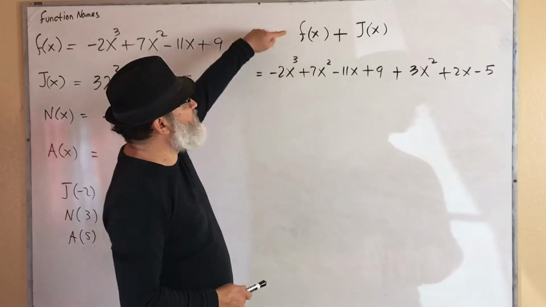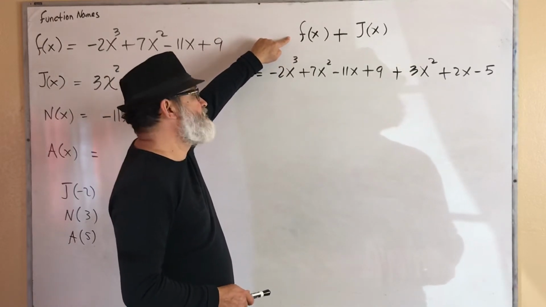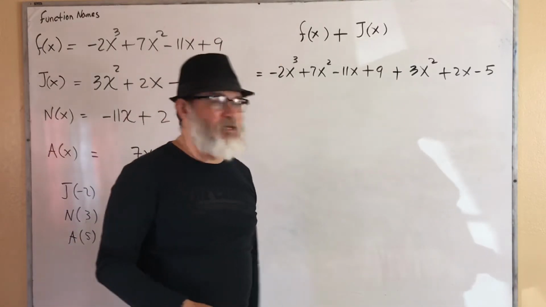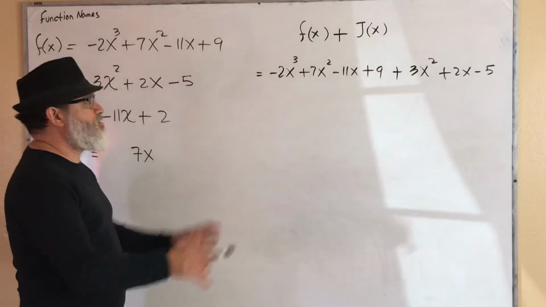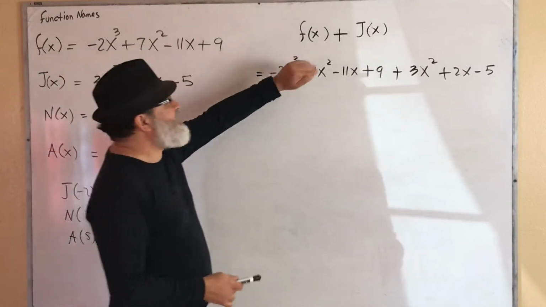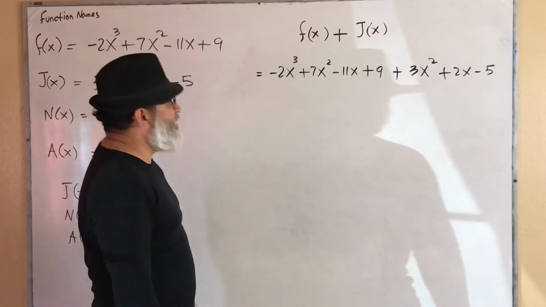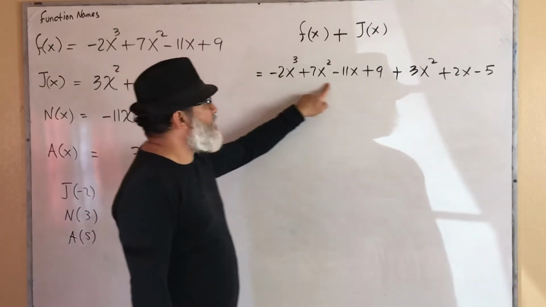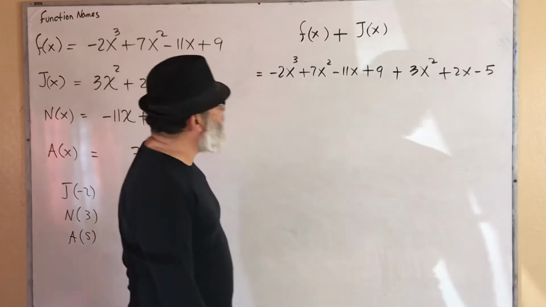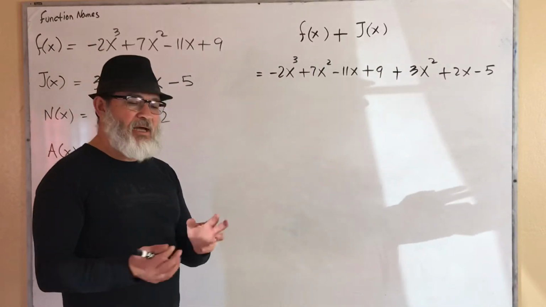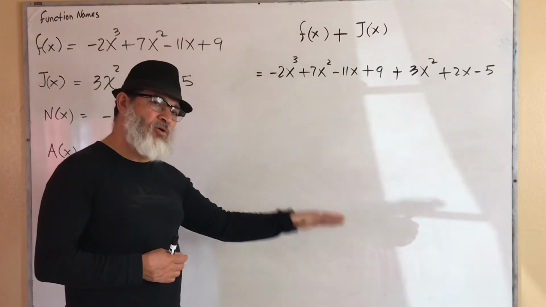Section 5.3 does not use this notation, but we're going to get there later on. I'm just introducing you to the sum of two functions. Here is Frank plus Jack. All we have to do is combine like terms and write the answer in descending order.